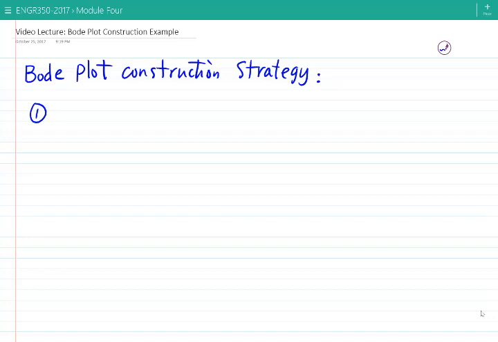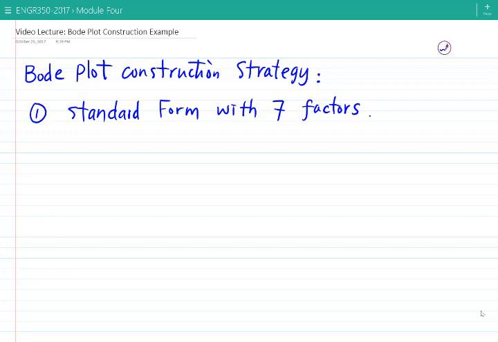given the very complicated transfer function, first we want to manipulate it into standard form with 7 factors. We have introduced in the class 7 basic transfer functions. These 7 basic transfer functions are like basic building blocks.